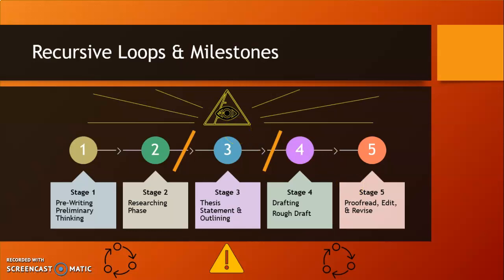So I hope that made sense to you guys. I tried to make it as visual as possible so you could see kind of where the breaks are, what stages kind of have their loops, and the idea of not going back across once you get to a certain stage.